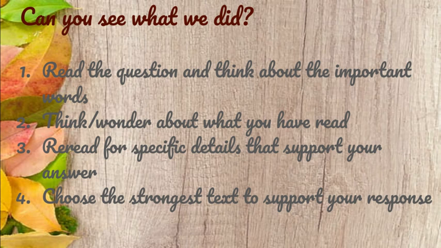I wonder what he meant by unpardonable. Reread for the specific details that support your answers. And in this case, we found it right in the title. So we didn't have to go too far to find a piece of evidence. But we need to find a couple of pieces and then we need to weigh them. You need to make a determination of which is the more powerful response.